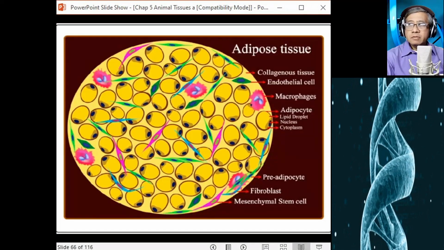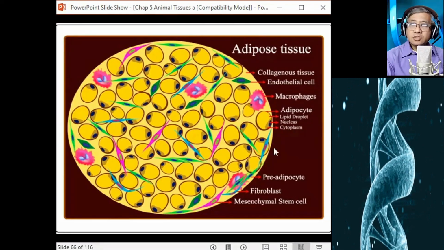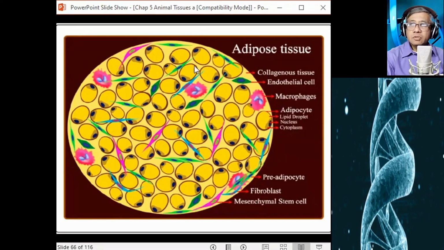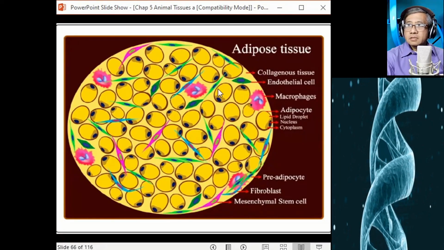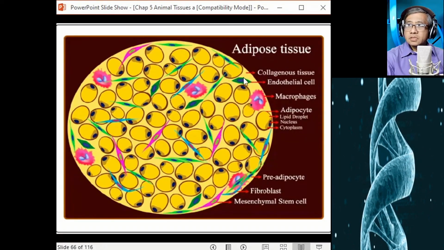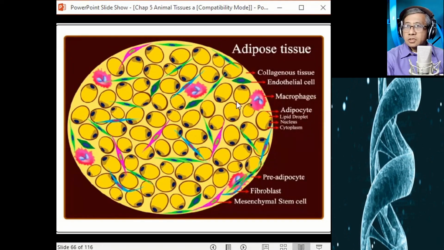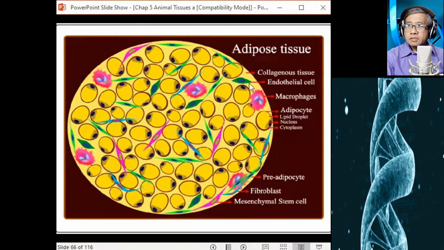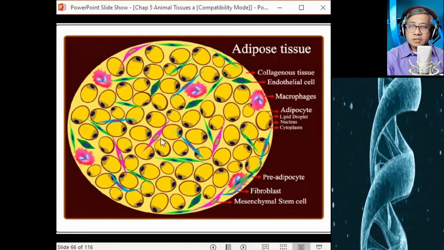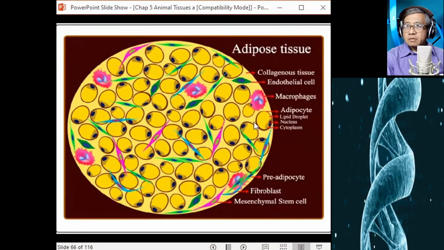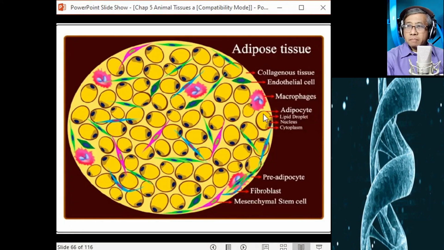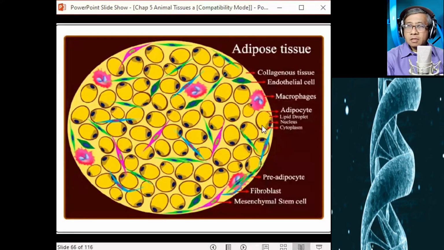Here is an illustration of adipose connective tissue. Again, the extracellular matrix is collagenous. The most abundant cells are the adipocytes. As you could see here, you have that large droplet containing triglycerides.